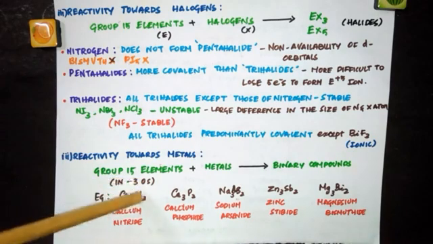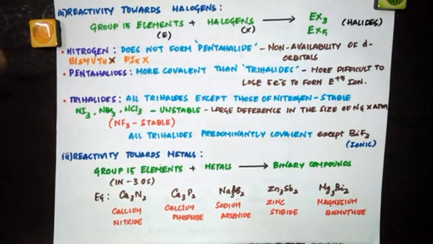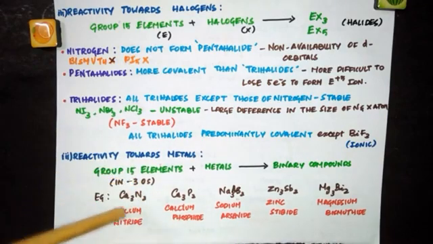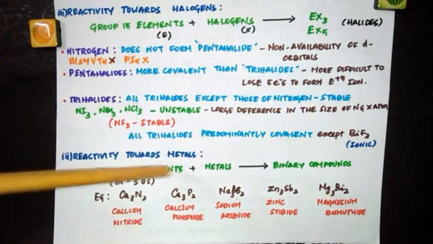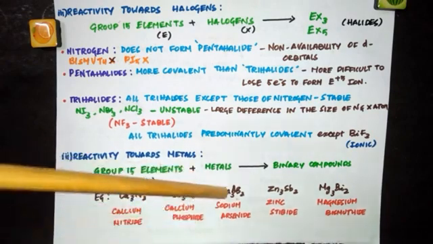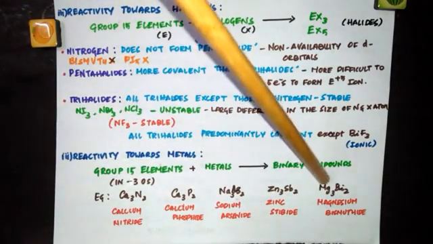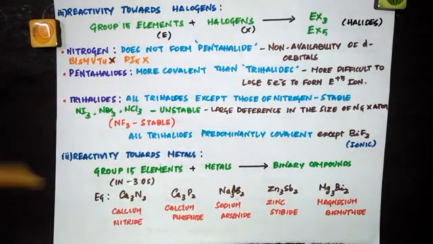Now look at this example, Ca3N2. Here nitrogen exhibits the -3 oxidation state with the metal calcium. So this is called calcium nitride. Same way we have calcium phosphide, sodium arsenide, Na3As2, zinc stibide, and magnesium bismuthide. In all the binary compounds with metals, group 15 elements exhibit the -3 oxidation state.